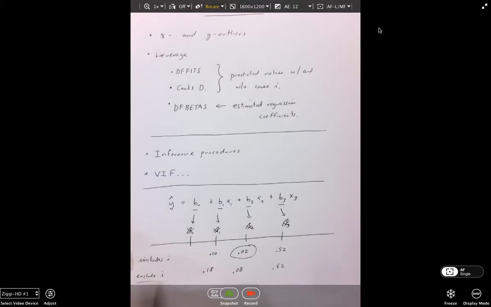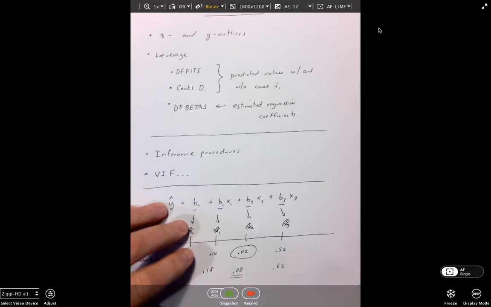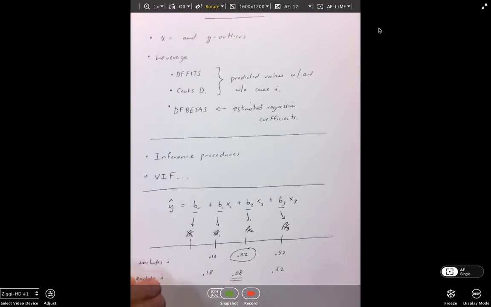This would clearly be what I would call an influential case, because it has completely changed the statistical significance of one of our predictors. There should be no stretch of the imagination that this kind of situation is problematic. I've actually had it happen. I did some research, well, I actually just assisted with research on autism, and we ran into that situation.